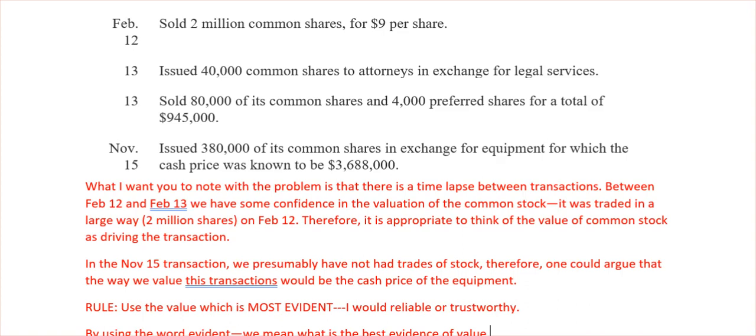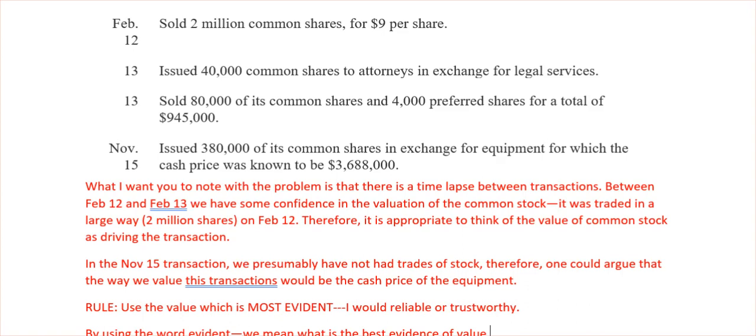So you could look at this and you could say either it is being sold to one party, or it could be put in the market and we are just releasing 80,000, making them outstanding, and 4,000 of the preferred, making them outstanding. Doesn't really matter. We have 945,000 in cash we're getting in. Cash is the best evidence. So the cash debit is going to be 945,000.